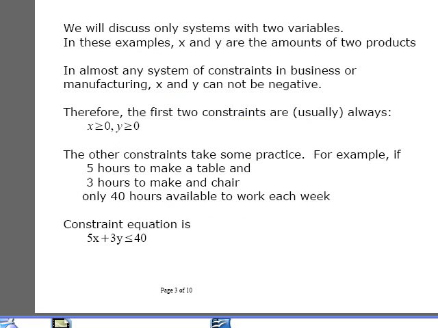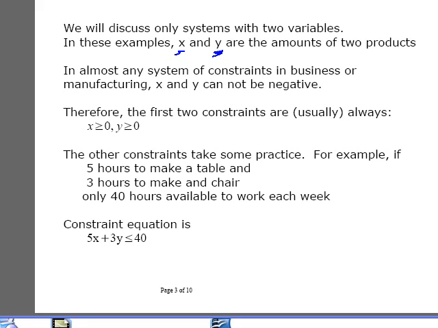So I want to talk a little bit about the constraints, and the only thing we're going to discuss here are systems with two variables. That means two products, and you have to give them some variable names. One letter is a good idea, and try to make it relate to what you're talking about. But right now I'm just going to use X and Y. So we're going to make two products, product X and product Y. And there are immediately two constraints on these amounts.